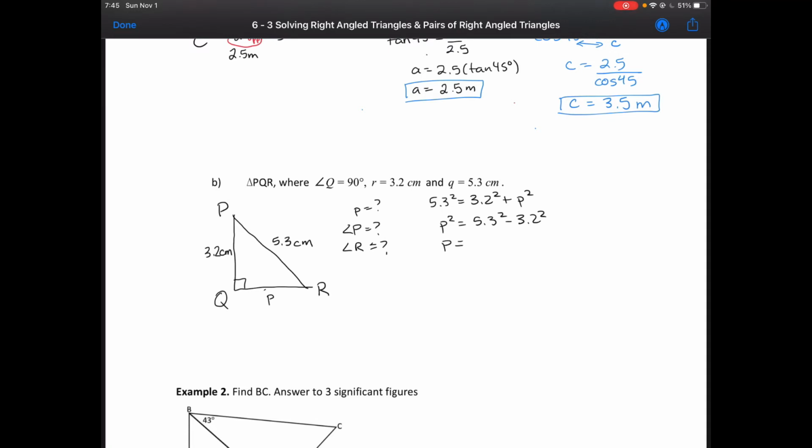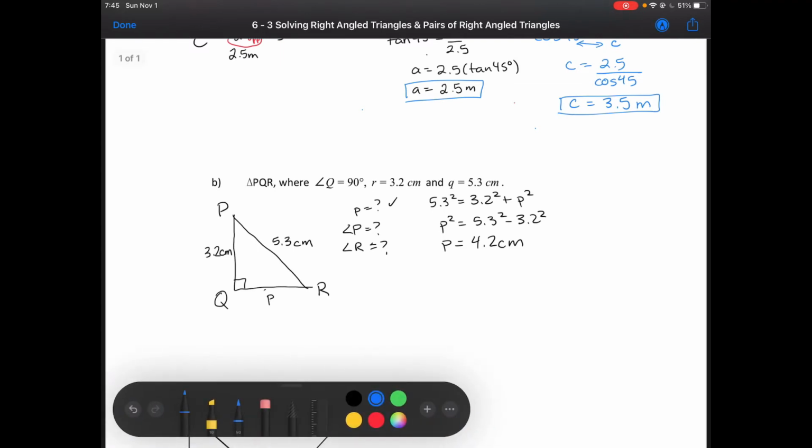This is going to give me a value for p as 4.2 centimeters. I've now found my value for p. The next thing that I'm going to do is find out what angle P is.